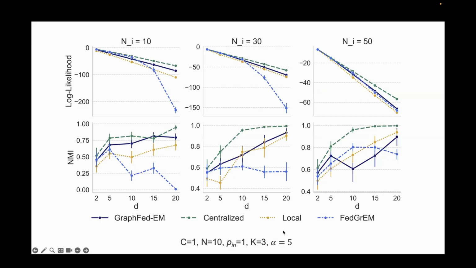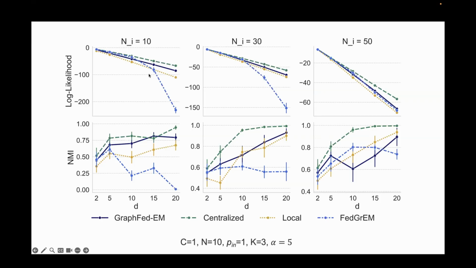Then we have local training, where we train a GMM only with the small local data set. And for benchmarking, we have another federated algorithm, which is basically distributed EM based on gradient updates. This algorithm is supposed to also handle heterogeneity of the local data sets well. So we have these three benchmark algorithms and our algorithm.